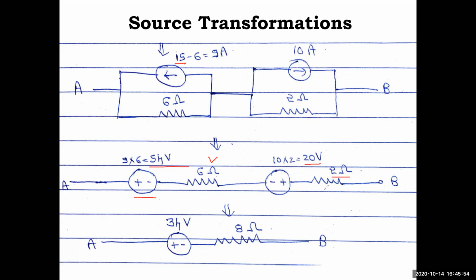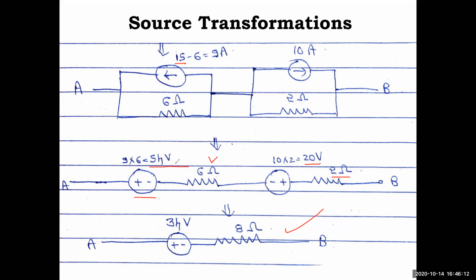Okay, so what was the question asked very first? Reduce the network to a voltage source in series. So that is what the last step is about. Now add this up. This is having plus minus and this is having minus plus, opposite, so you cannot add straight away, this is the confusion you will make. You have to subtract here.